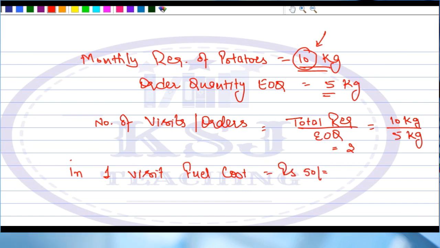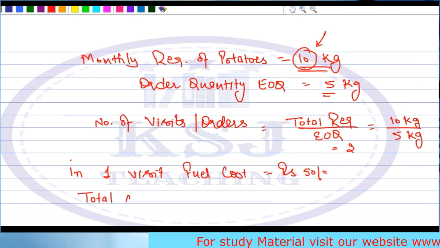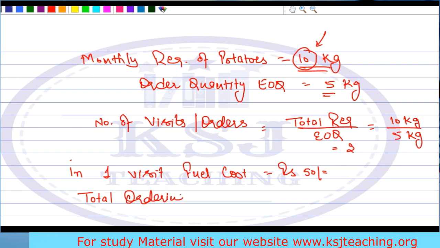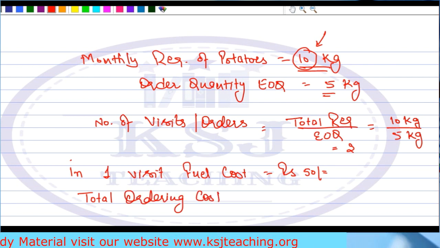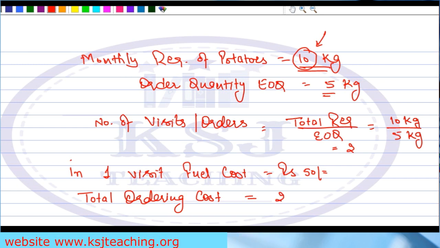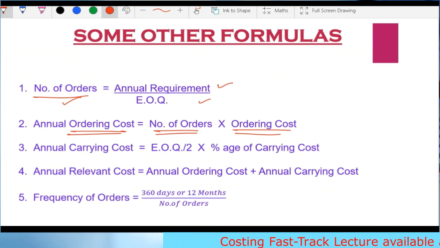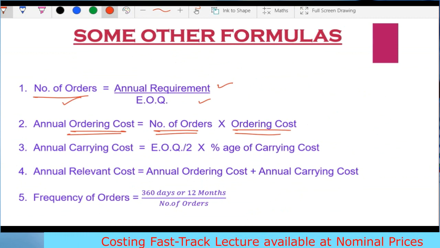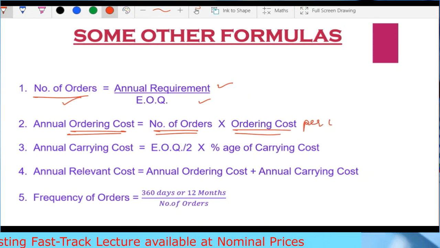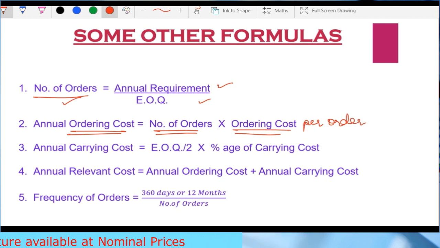Okay, so this is the cost for one order. Now if I want to find out the total ordering cost, my father will be visiting the vegetable market two times and 50 rupees each time. That means a total of 100 rupees as the ordering cost. Are you getting the point? So the number of orders multiplied by the ordering cost per order. Okay, I will write it here as ordering cost per order. Clear?